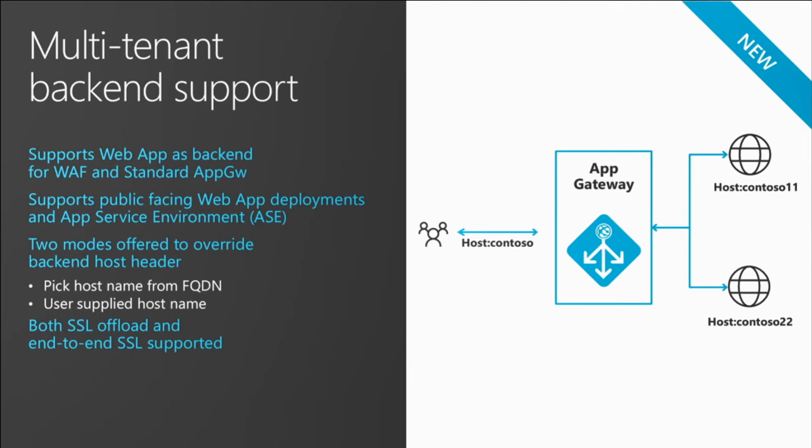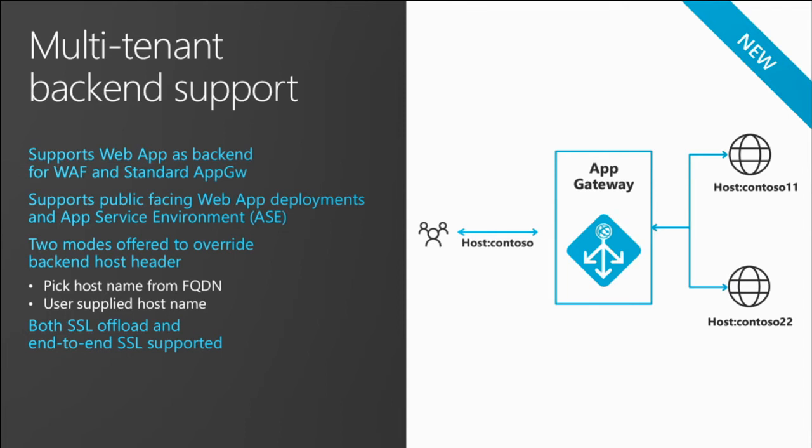Now when Application Gateway receives traffic, it has a host header. But by default, Application Gateway preserves the host header. So for example, if we receive the traffic as contoso.com, we send it to the backend pool member with the HTTP host header set to contoso.com, right?